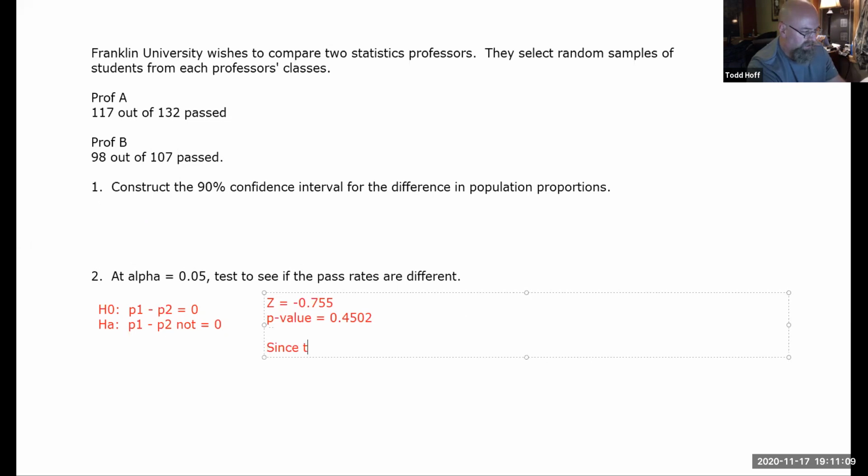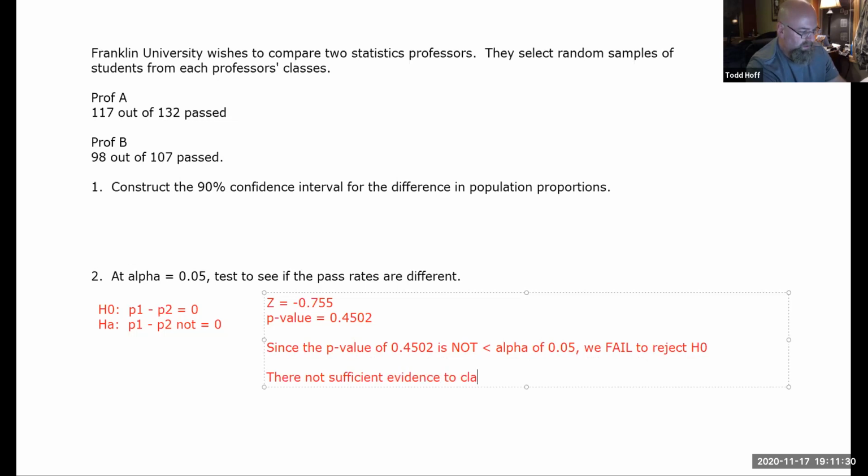Since the p-value of 0.4502 is not less than alpha of 0.05, we fail to reject H0. In other words, there is not sufficient evidence to claim there is a difference between the professors.